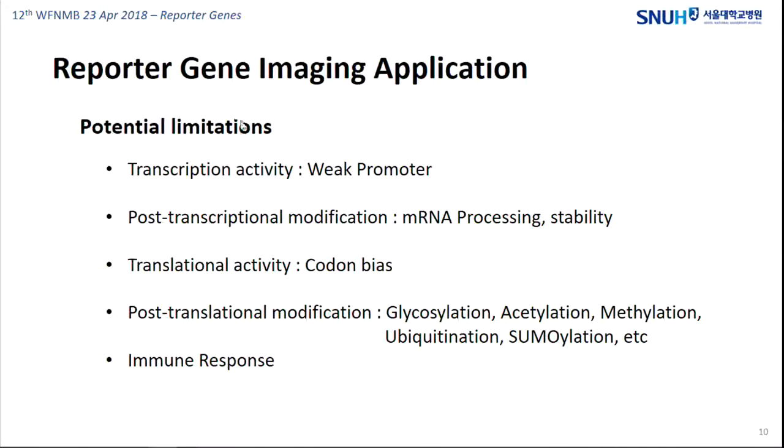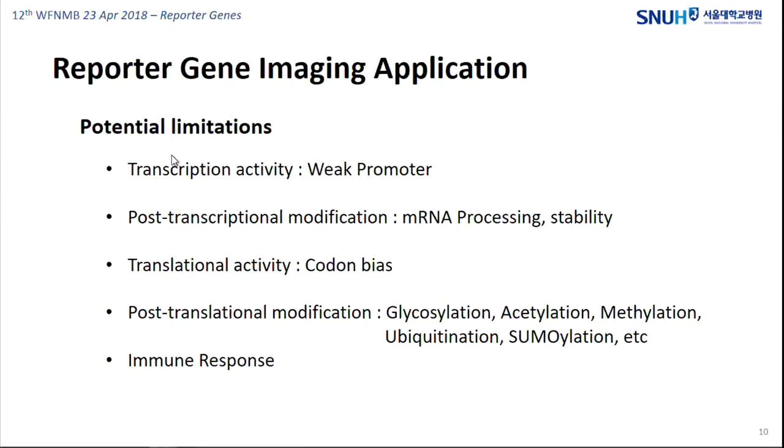So for this kind of application, anyway, when you use the reporter gene, there is a potential limitation because we have to use expression gene delivery vectors. That means that there is transcription activity. Sometimes there is a weak promoter, especially for conditional or inducible promoters. So in this case, we cannot see clearly.